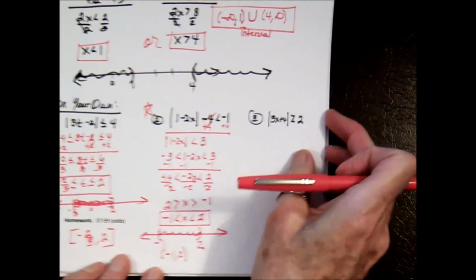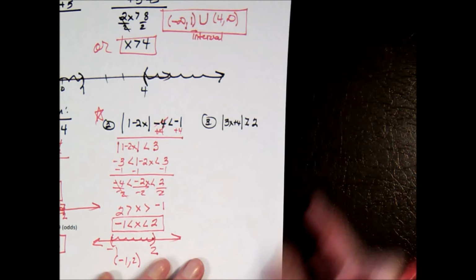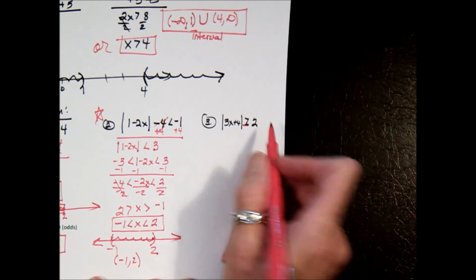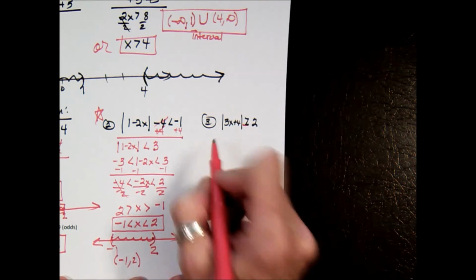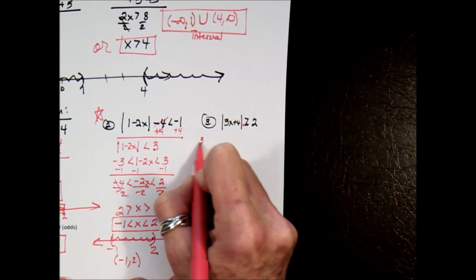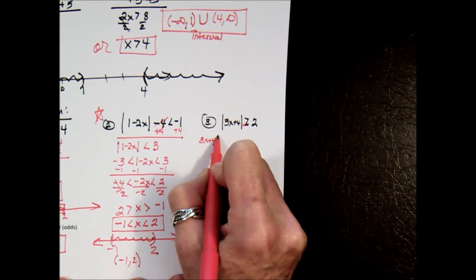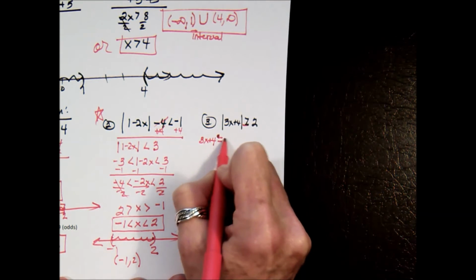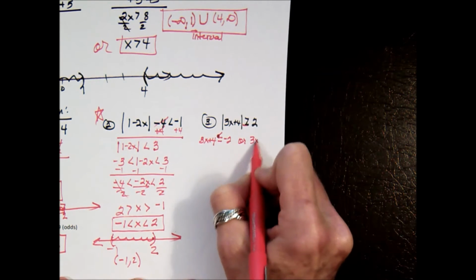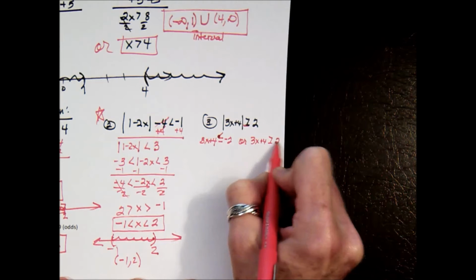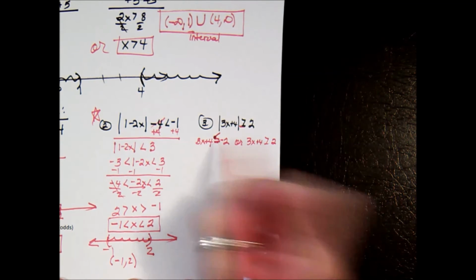All right, let's look at finally the type 2, and I know it's a type 2 because it has a greater than sign. It's already isolated, so I'm going to write either 3x plus 4 is less than or equal to negative 2. So that's the first half. Or 3x plus 4 is greater than or equal to positive 2. So when we bring over the negative 2, we turn that sign around.